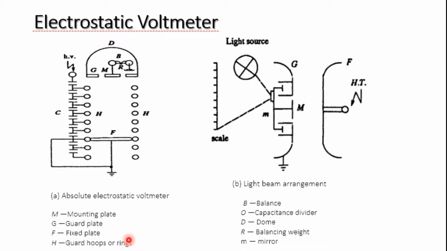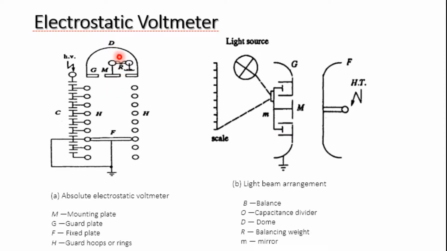Then coming to the construction of an absolute electrostatic voltmeter, the control torque is provided by a balancing weight. So this is the balancing weight.